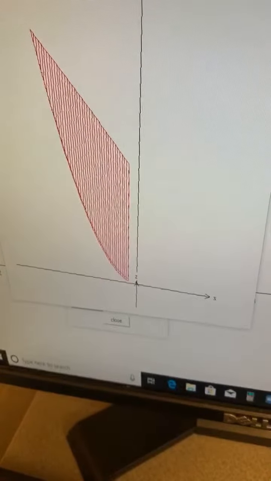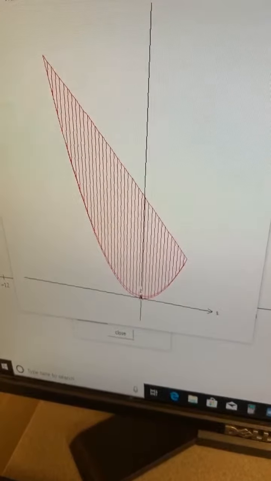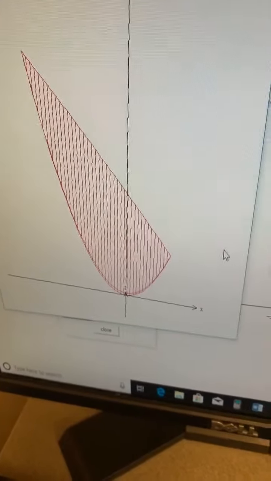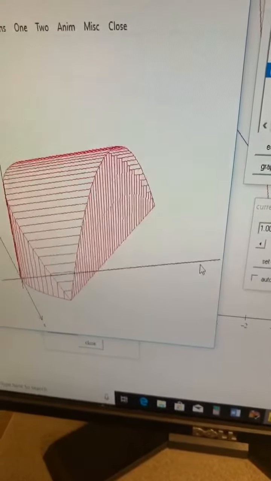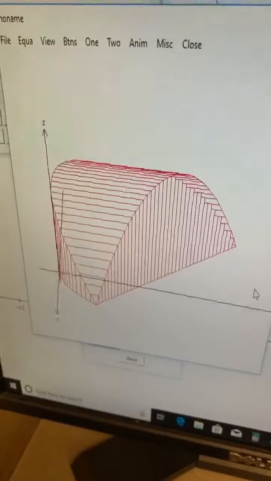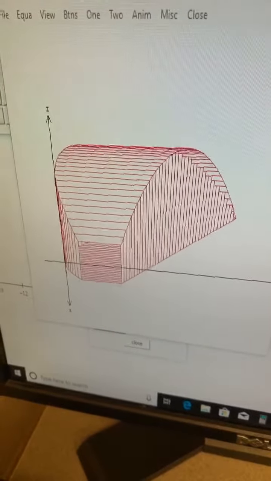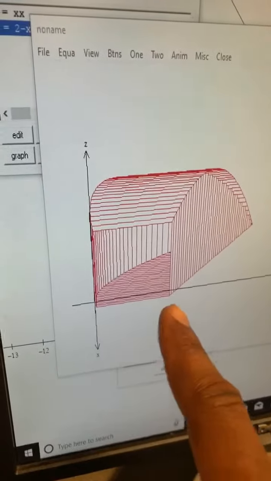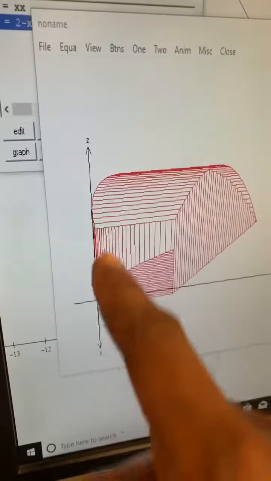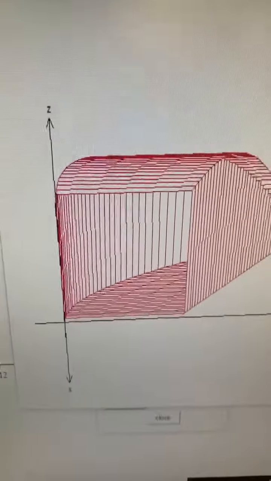From the top, this is what the graph looks like when you draw it on paper, just drawing your line and your parabola. Now, as you peel it back, you can see where the squares come from. And there it is. I don't know if you noticed that, but that's a square. This length is the same length as that one. So every time I peel it back, it's going to be a square every single time.